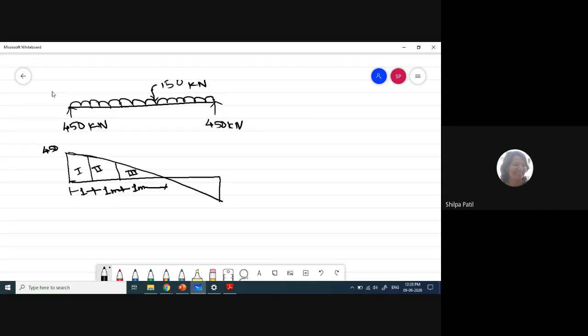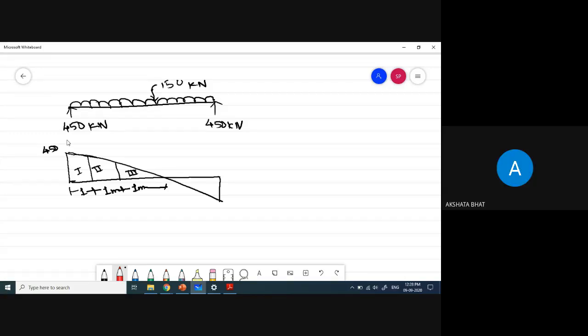I want now the shear force value at this point. I will write that with different colors so that you will understand the value. Tell me the shear force value at this section, that is 1 meter from your left hand support.